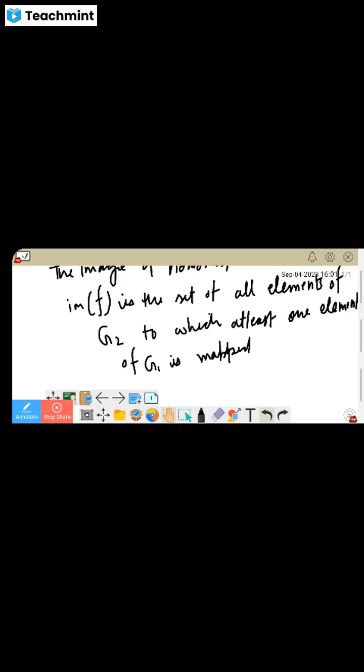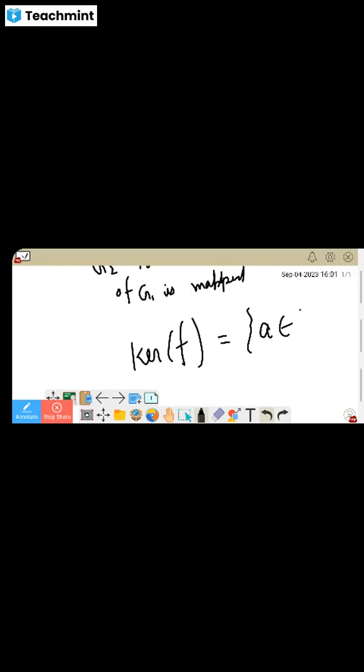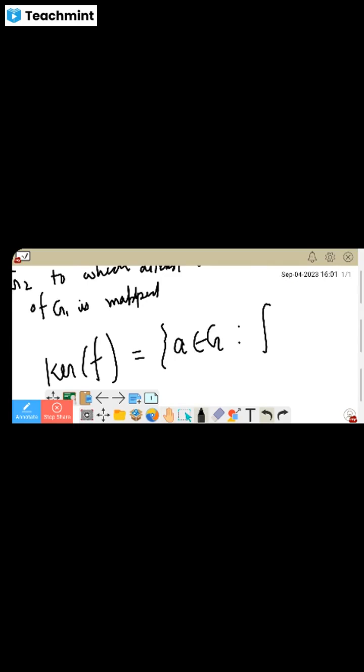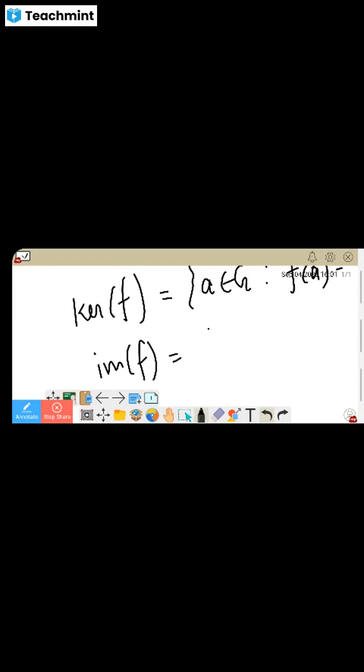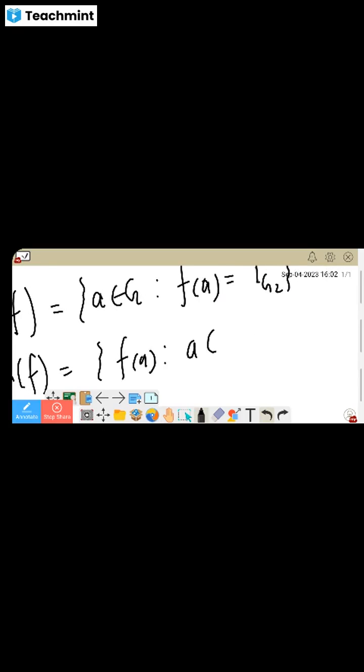And we can express kernel and image as: kernel F is equal to the set of x belonging to G1 such that F of x is equal to the identity of G2. And the image of F is equal to the set of F of x such that x belongs to G1.